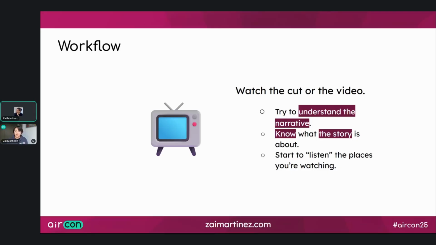I start making them as I am watching the video, and I do tend to imagine or just try to listen in my head how they would sound to communicate what the story is talking about.